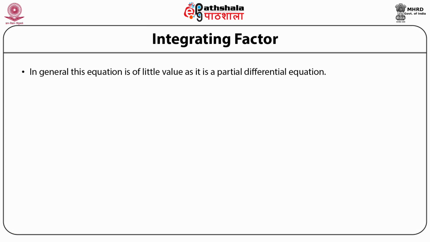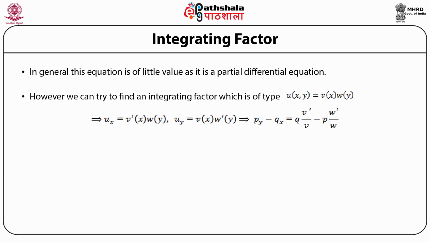In general, this equation is of little value because to find u, we need to solve a partial differential equation, which is an infinitely more arduous task. However, we can try to find an integrating factor which is a product of a function of x and of y, if such an integrating factor exists.